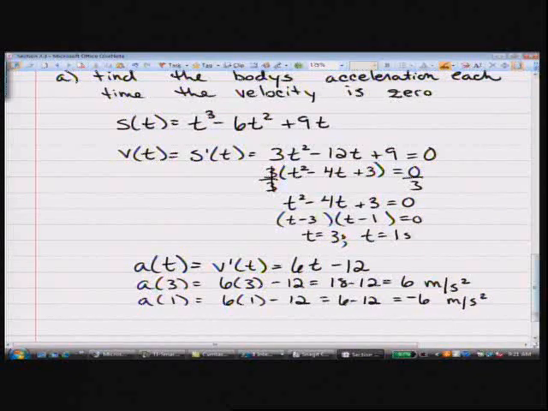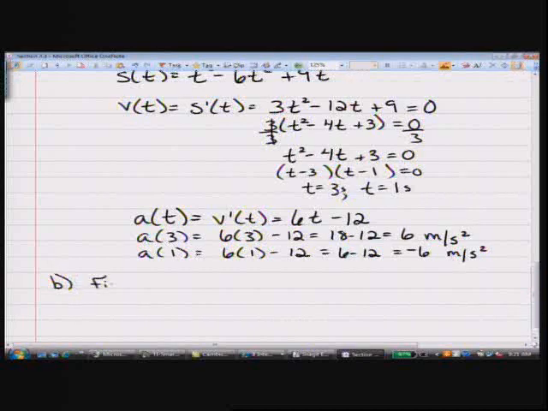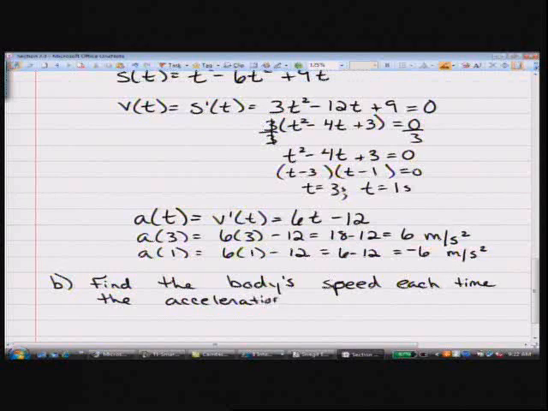Then we're asked to find the body's speed each time the acceleration is 0.